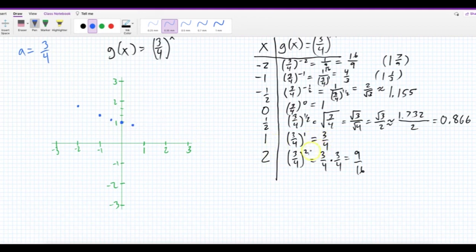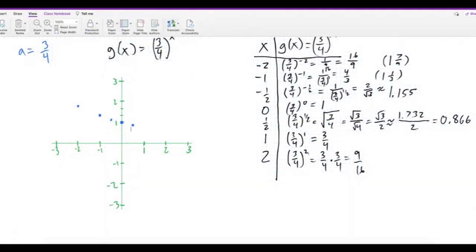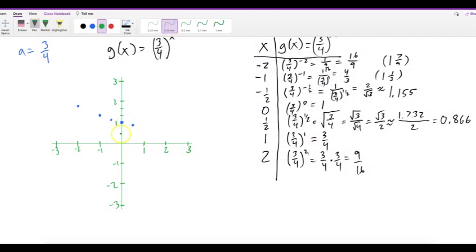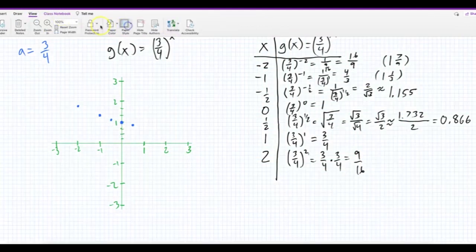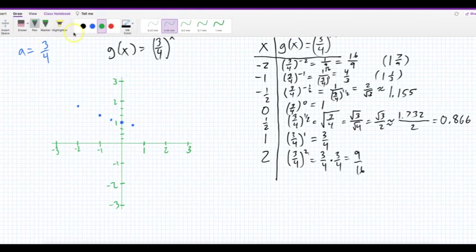1 goes to 3/4. Okay, so here's one again where it's a little bit easier to work with if I get rid of my background. Okay, so here's a half, and then if I split each of these in half, I have fourths. Okay, so we have 1 as our input is paired with 3/4 for our output, so that's about right here.